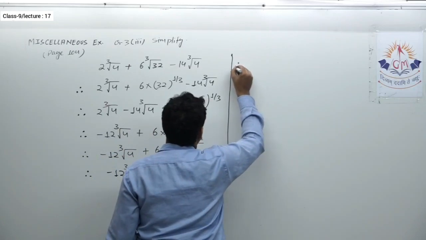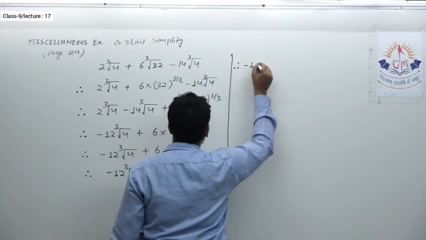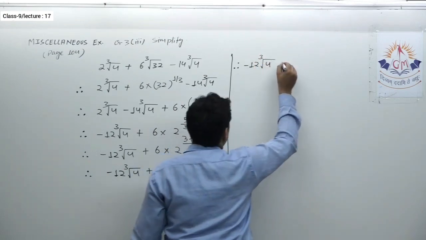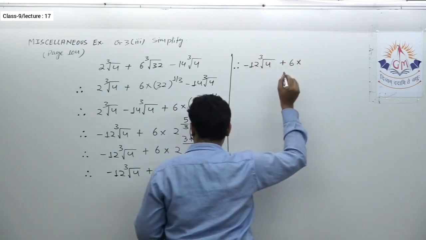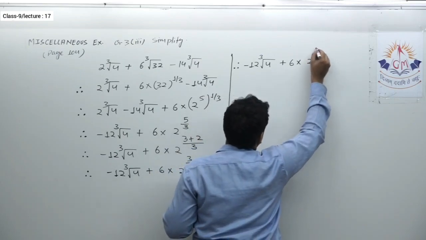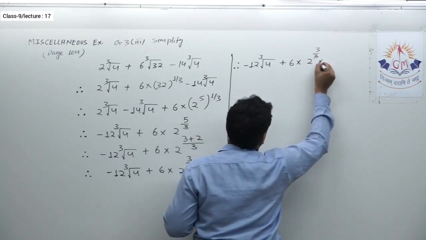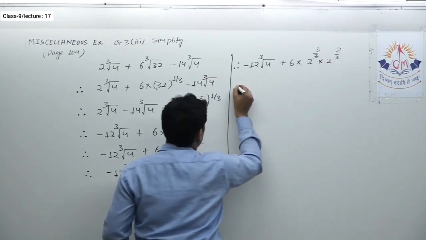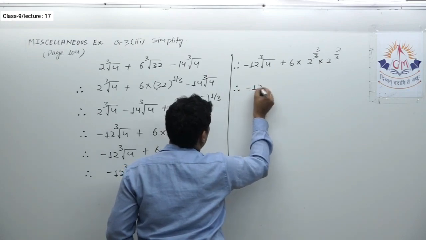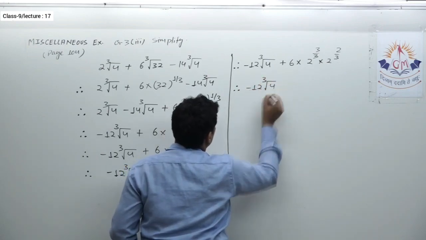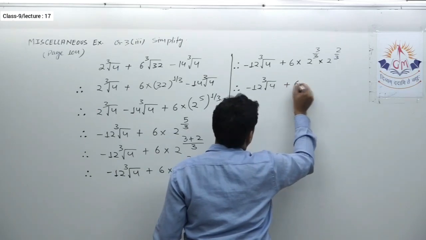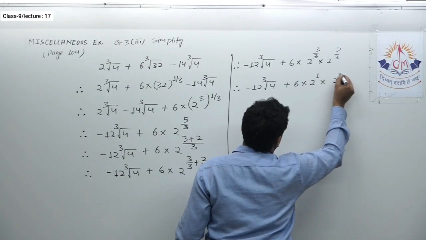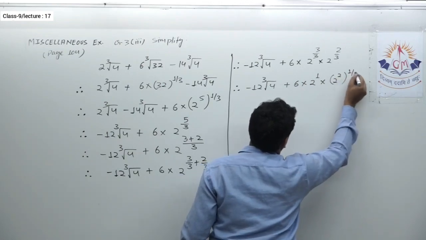Therefore here I can write minus 12 cube root of 4 plus 6 multiplied by 2 raised to 3 by 3 into 2 raised to 2 by 3. So this will become minus 12 cube root of 4 plus 6 into 2 raised to 1 into 2 squared raised to 1 by 3.